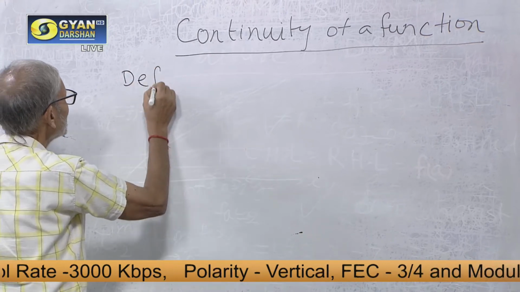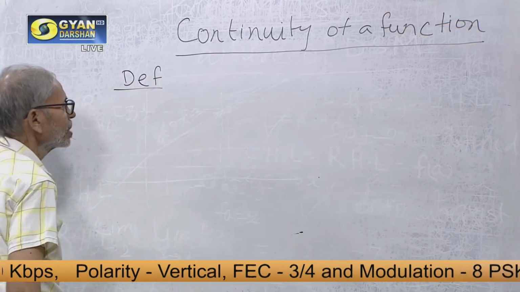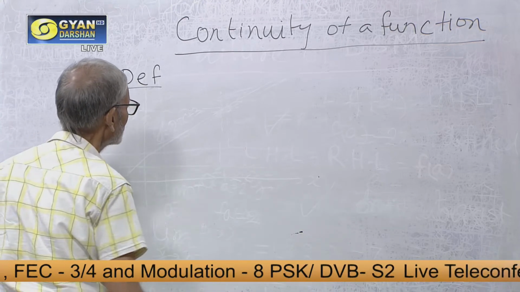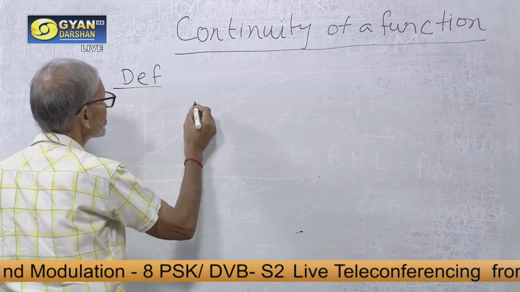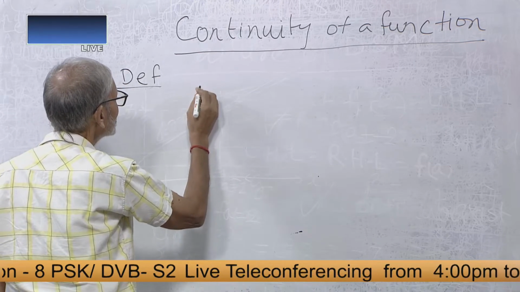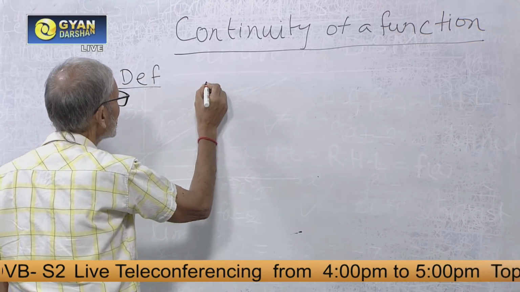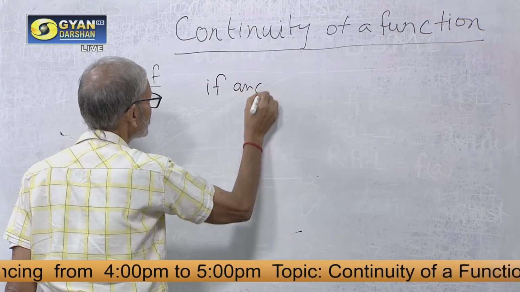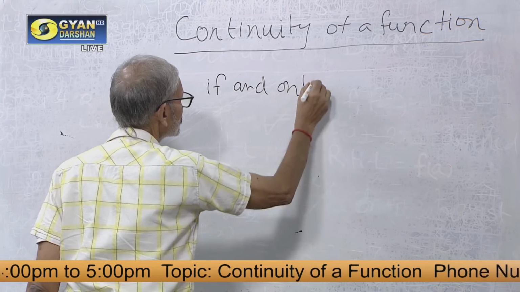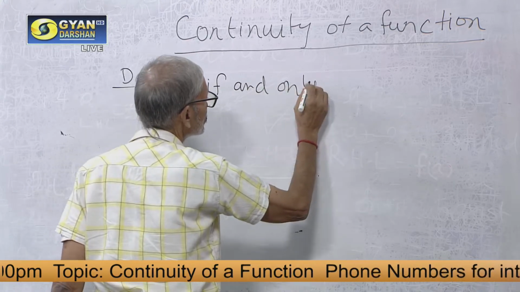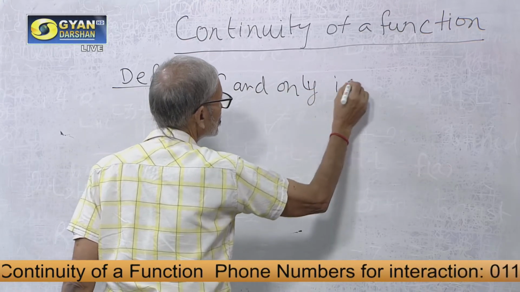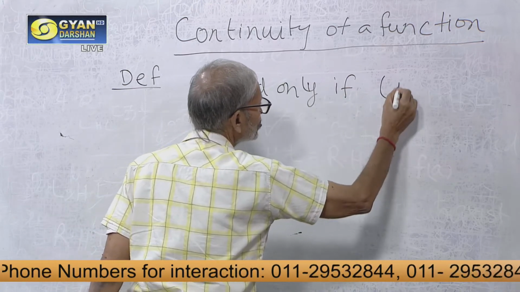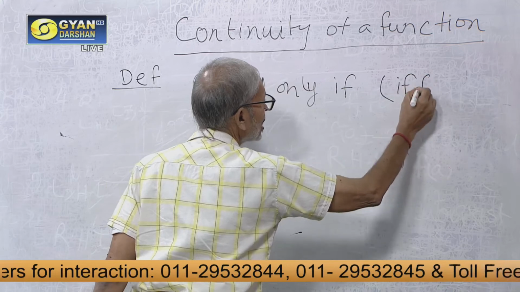How do we define it? You need not remember this, you should only learn the concept that a function is continuous if and only if, in short, we write it as IFF.